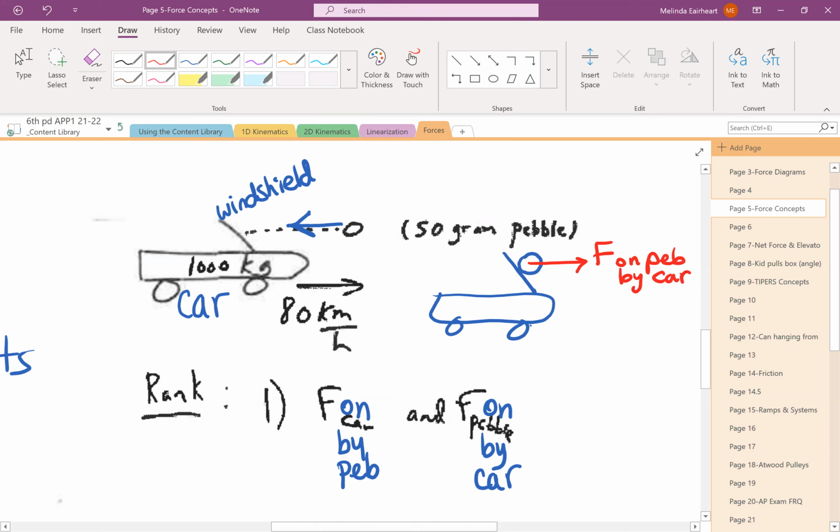And at the same moment, isn't there a force on the car by the pebble to the left? Rank these two forces. What say you? What do you think? Which one's bigger?